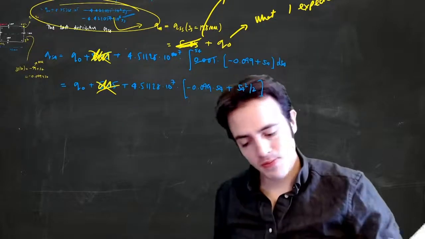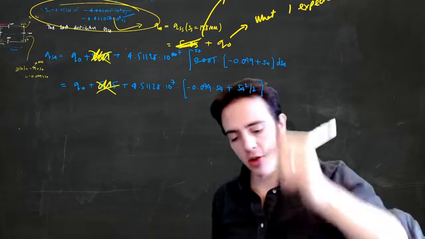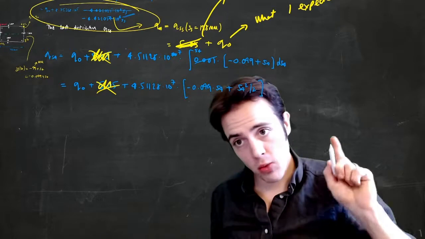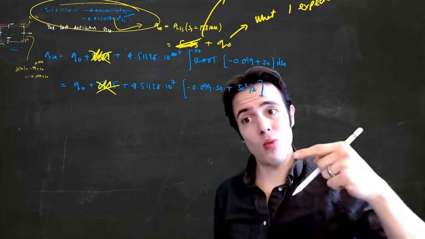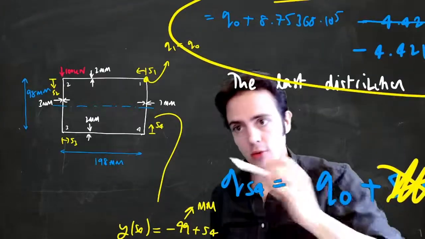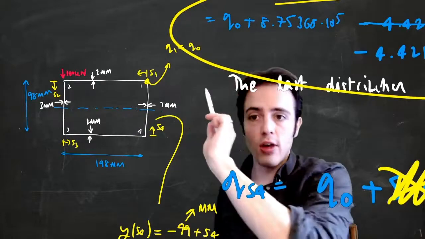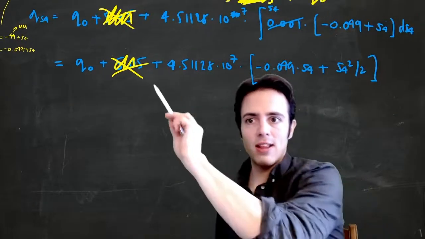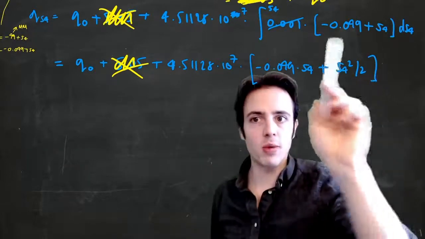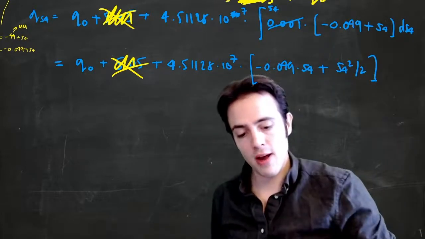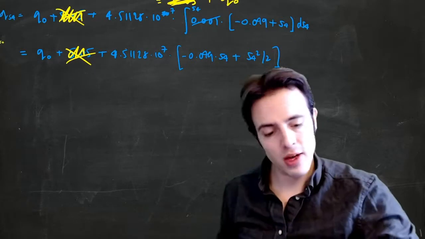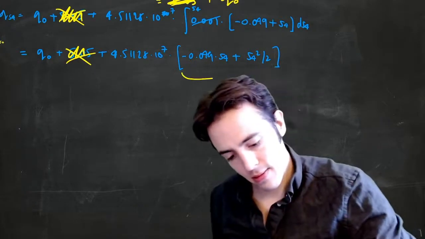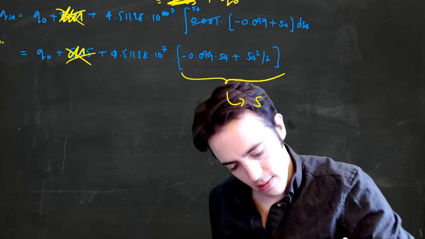So this now gives me the distribution QS4, and what I want to see is that when I get to Q1 again, going from QS4 up to Q1, I should just have Q0. My issue was I could see that when I had this number in here, there was no way that was going to be true, because this is just going to be equal to 0 at S4 equal to 98.